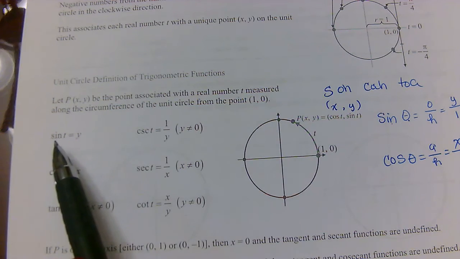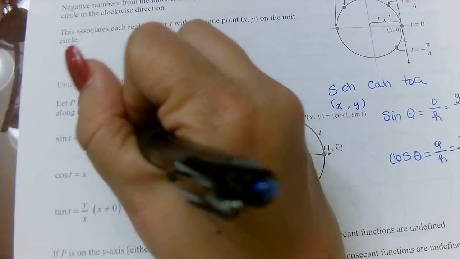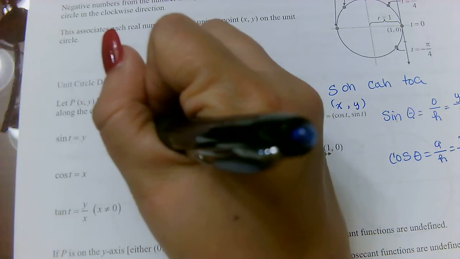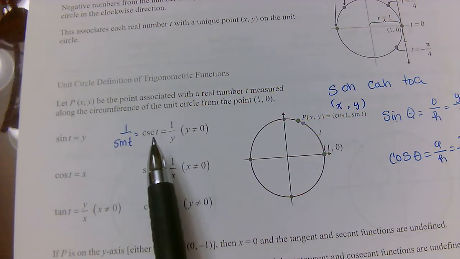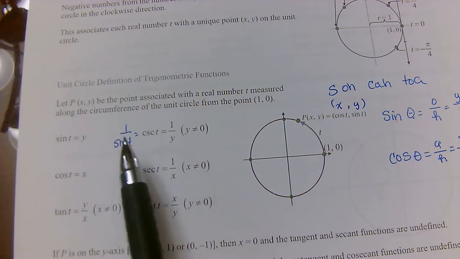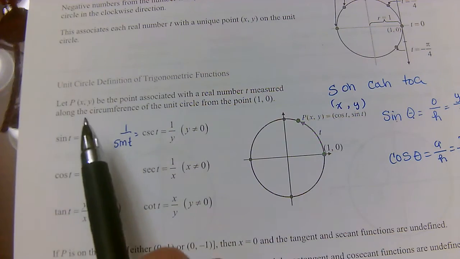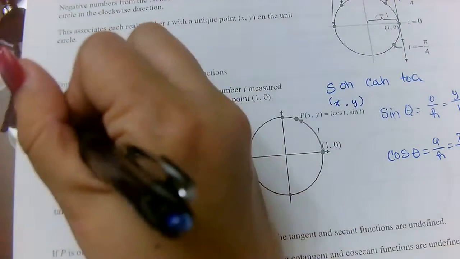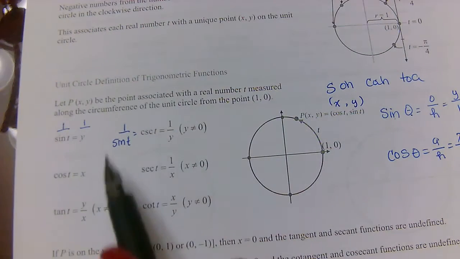Okay, so if I decided to say 1 over sine, that's going to be the same thing as cosecant. So all I'm going to do, if I flip this one, if I say over 1, I can put this over 1 too. So I can basically say 1 over sine is equal to 1 over y.